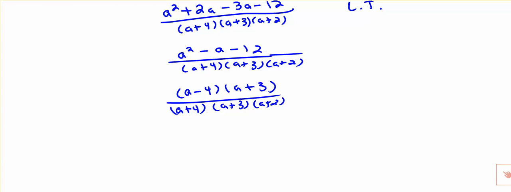And then the final step will be to cancel out any common factors between the numerator and denominator, if we have them. And remember, the binomials have to be exactly alike for them to be common. So we have a plus 3 in our numerator, a plus 3 in our denominator. That would give us a final answer of a minus 4 all over a plus 4 times a plus 2.